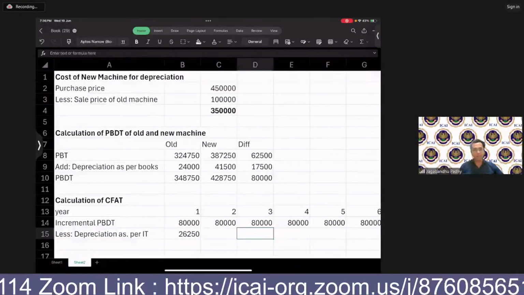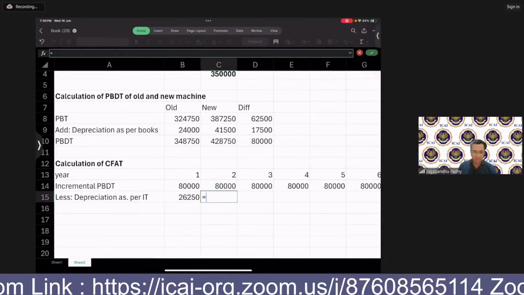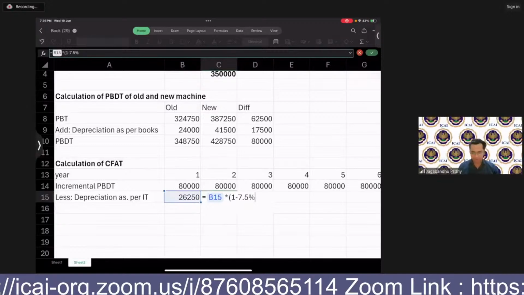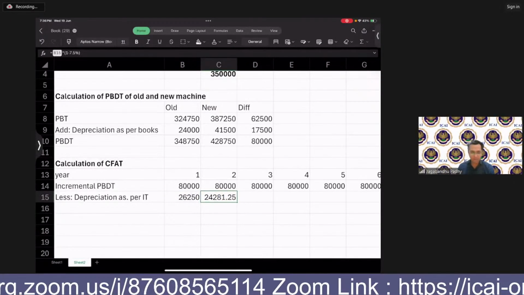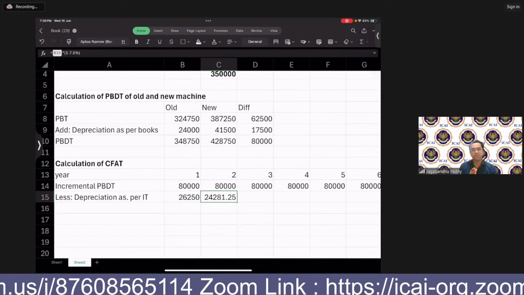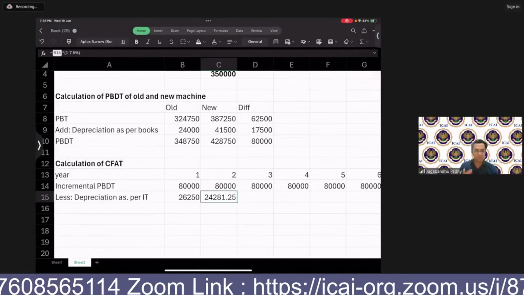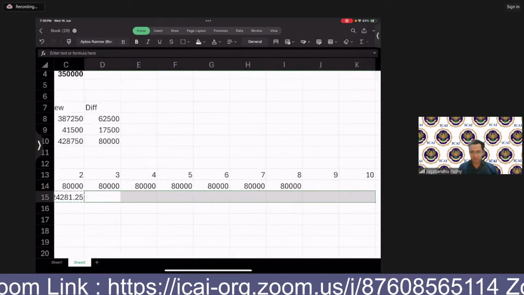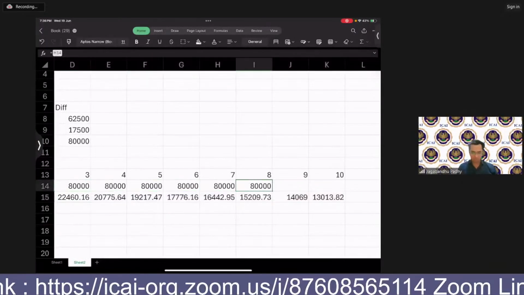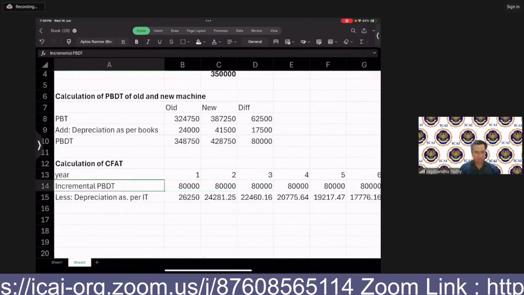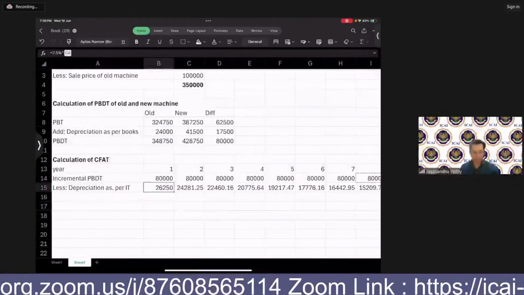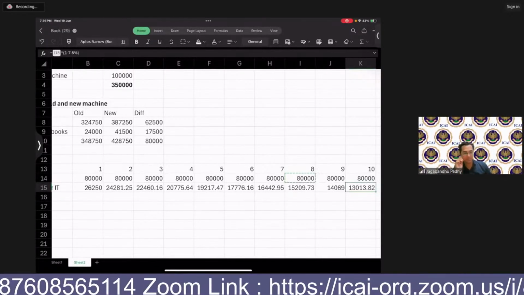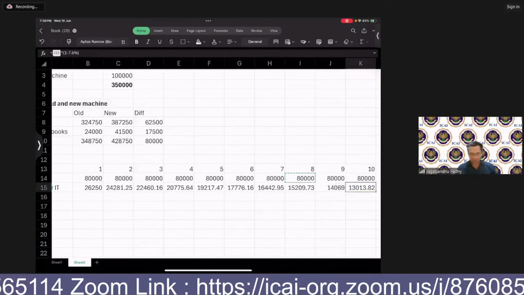For subsequent years, since it is WDV based, you reduce the amount of depreciation by 7.5% every year, so you can just drag it to get the depreciation figure as per income tax. Your profit before depreciation and tax remains the same, but depreciation as per income tax gets reduced every year by 7.5%.